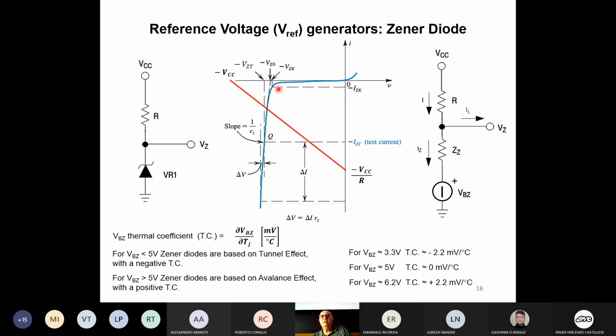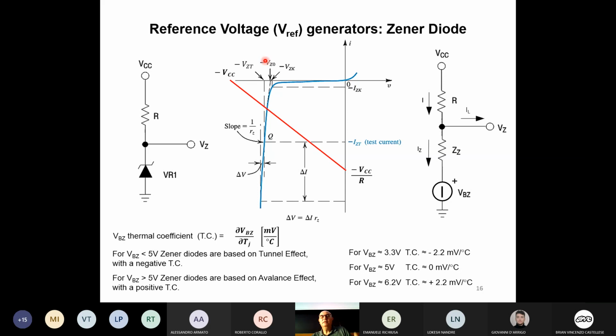That's where we say that the diode is going to operate in the breakdown zone. The diode can be operated in this dangerous zone only if we can limit the current.